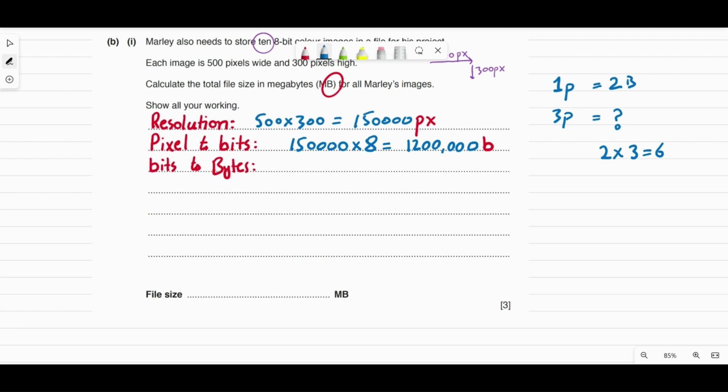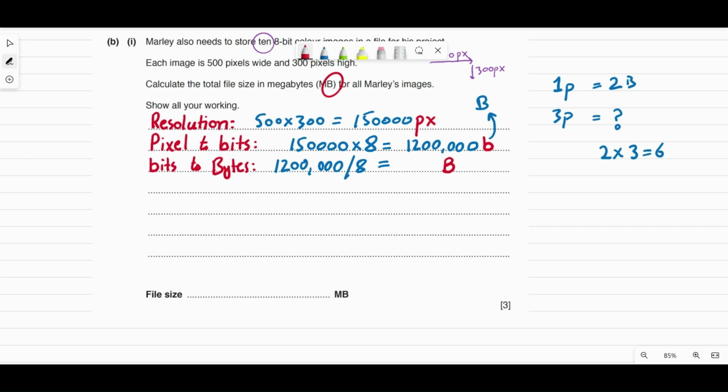Now we need to decide whether to multiply or divide. We are going from a smaller unit to a bigger unit, which is the byte. If the unit gets bigger, the value gets smaller. The value is decreased by division, so we need to divide by 8, the thing we separated out. 1,200,000 divided by 8 will give us something in bytes.